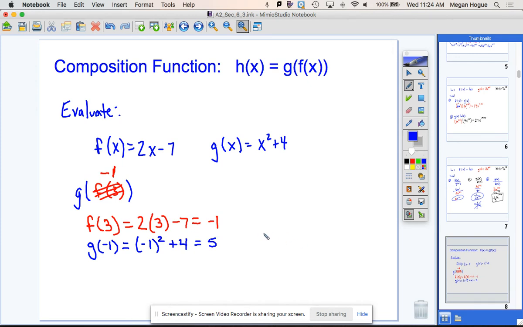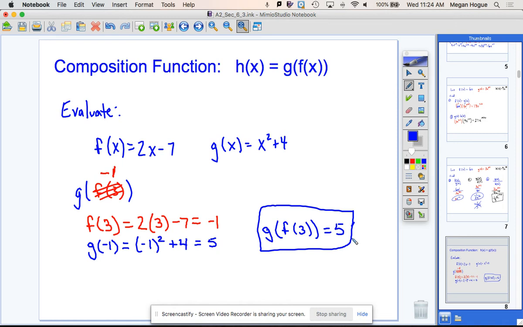So g of f of 3, the whole thing, is equal to 5. What these problems are is really a plug into one function, take that number, plug it into another one.